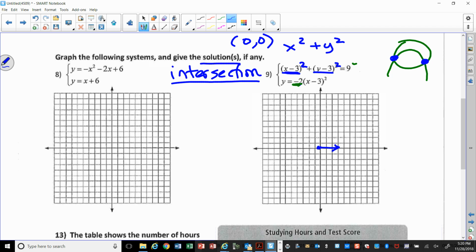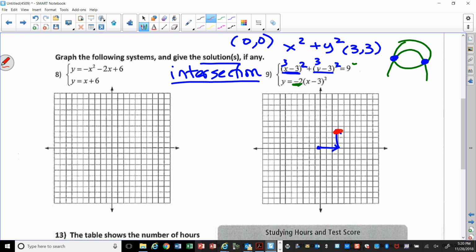And then this is going to move it up 3. It's opposite. Okay, so the center for this one would actually be positive 3, positive 3. It's kind of the value that would make these equal to 0, sort of like zeros. So here is the center of that circle.